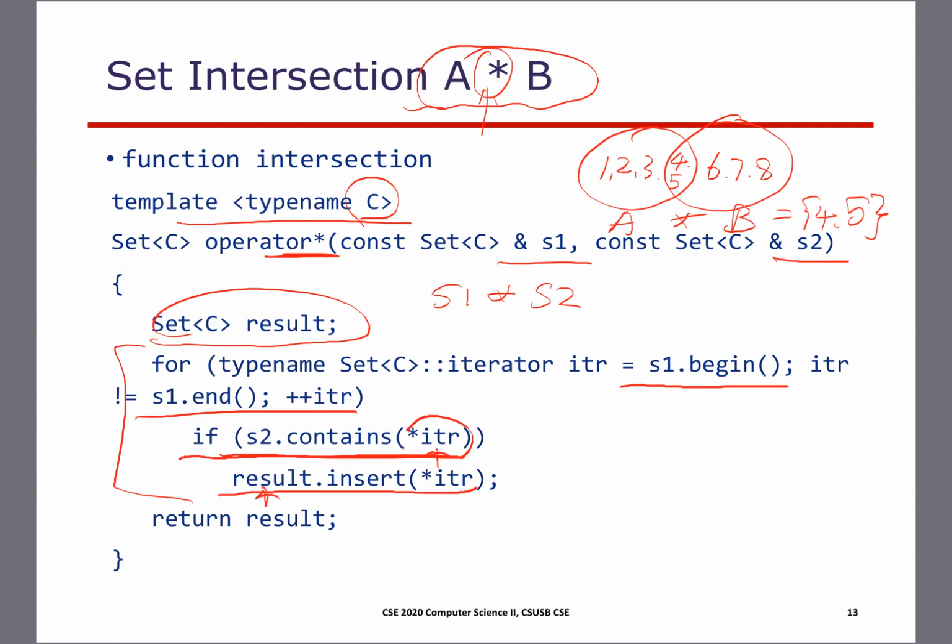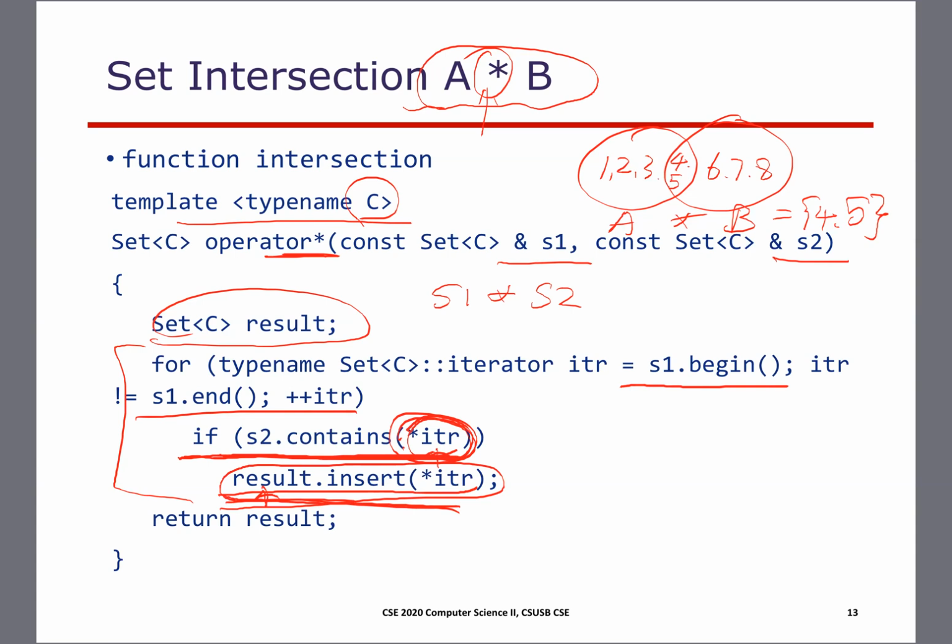If S2 does not contain this S1 element, that means this element is not in the intersection of these two sets, so we don't insert. Only if the element is in S2 do we insert this element in result.